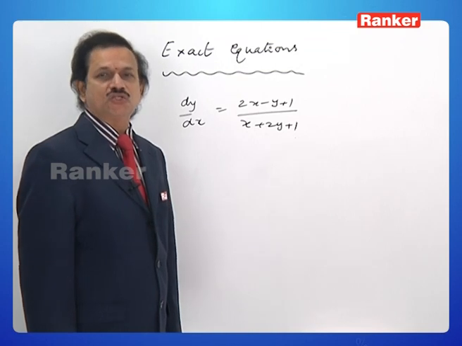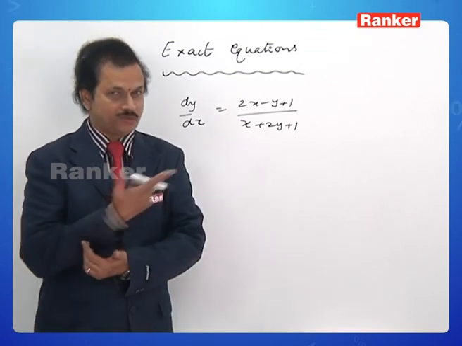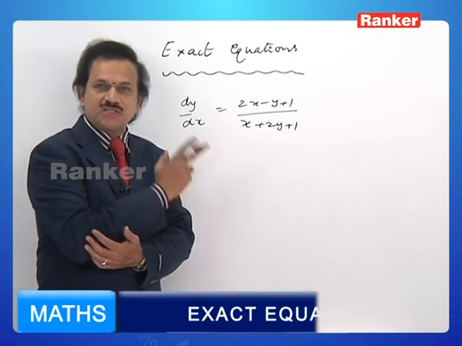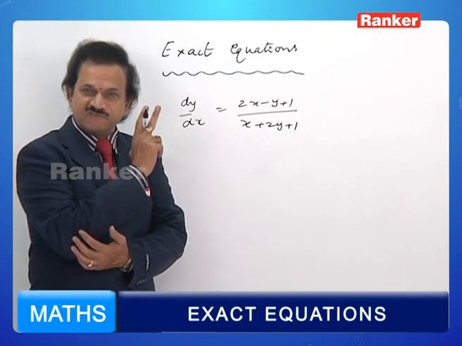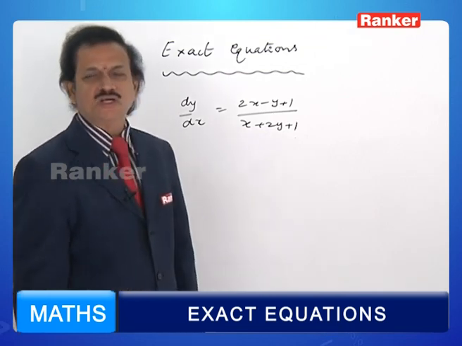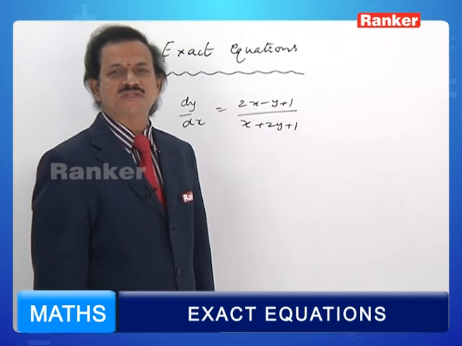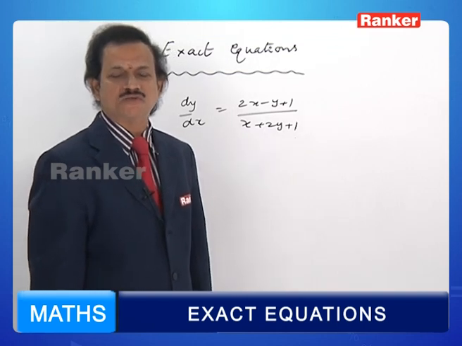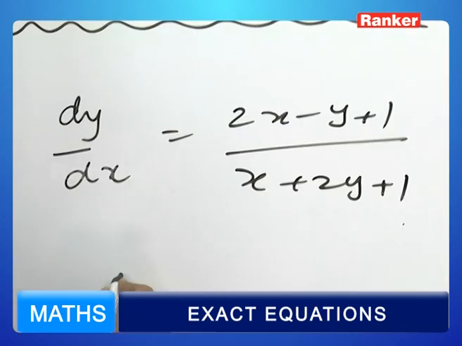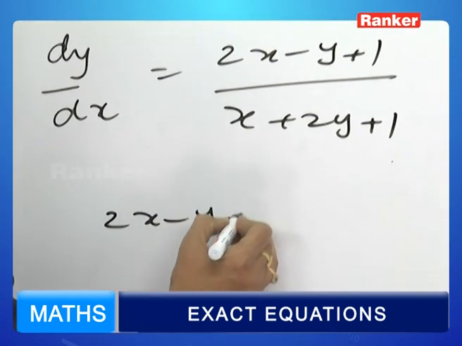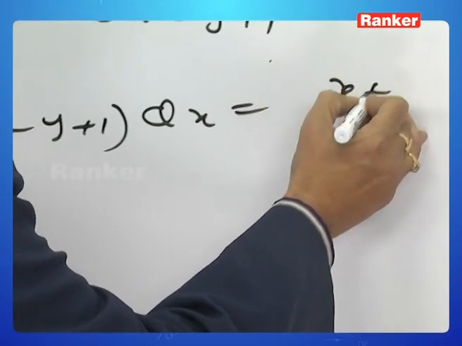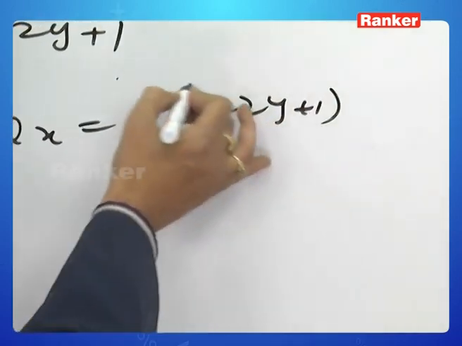If you want to use the concept of an exact equation, you must be able to obtain this equation in the standard form of an exact equation. What is the standard form? It is nothing but m dx plus n dy is equal to 0. Let us now try to get it in that form. You just cross multiply: 2x minus y plus 1 dx is equal to x plus 2y plus 1 dy. Am I right?